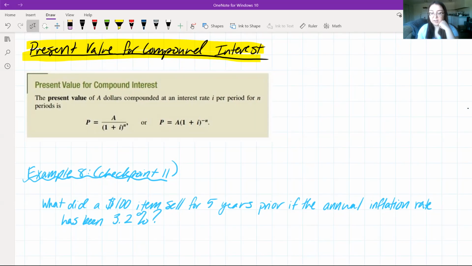But if you notice here, our original equation for compound interest was just A is equal to P times 1 plus i to the n power. So if we want to find P, or isolate P, then all we need to do is divide by 1 plus i to the n power.